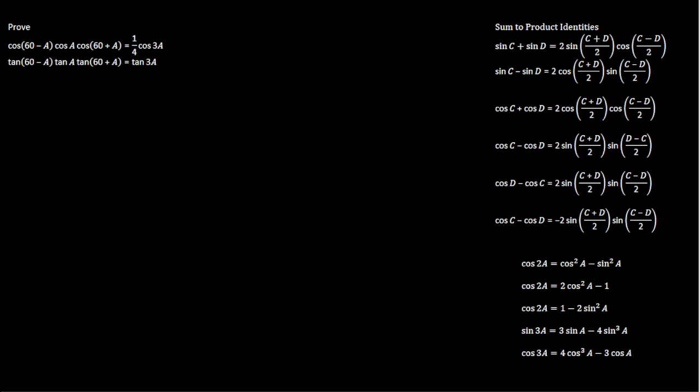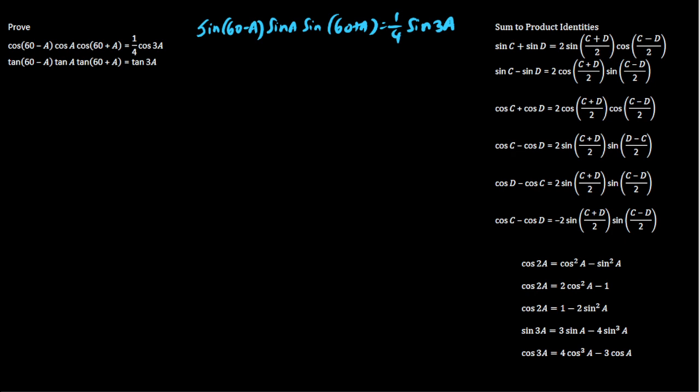Before we get to solve this, I have created a similar video for sine(60 minus A) sine A multiplied by sine(60 plus A) equal to 1 by 4 sine 3A.